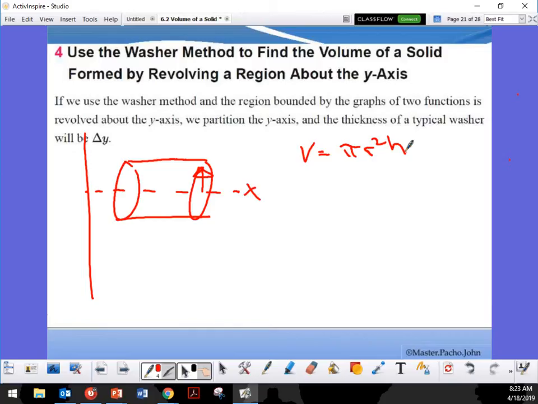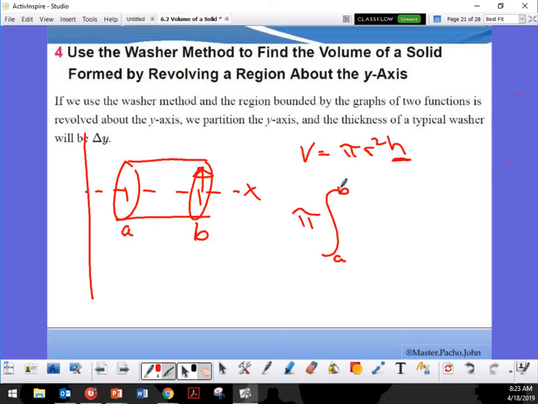So to go from here, my pi is going to just go in front, and my bounds are going to be my h, from this point A to this point B. That's how tall my cylinder is, right? That's the height, from A to B. And I still have to deal with the radius.